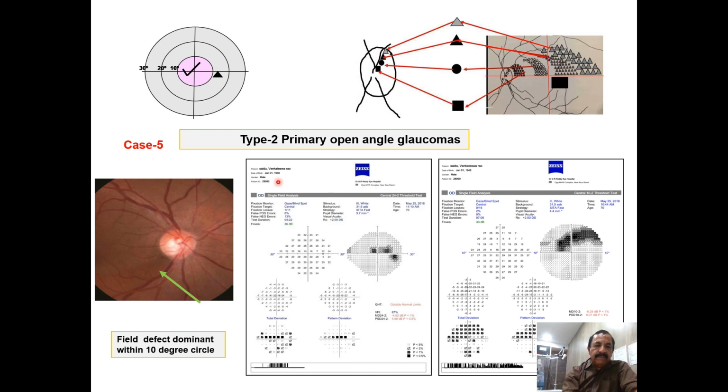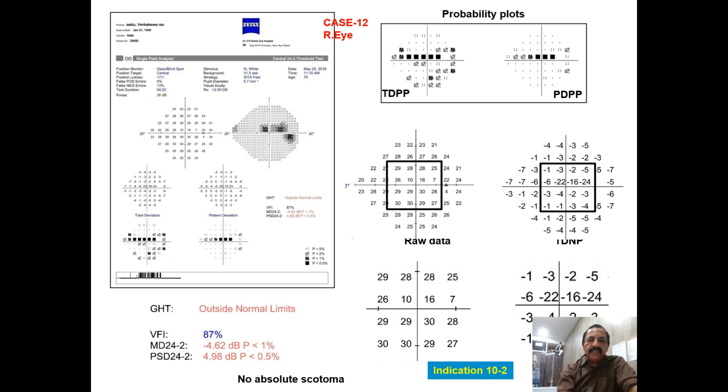Case 5, there is a nerve fibre layer defect, a definite RNFL defect, and the pressures are around 16, and we asked for visual fields.